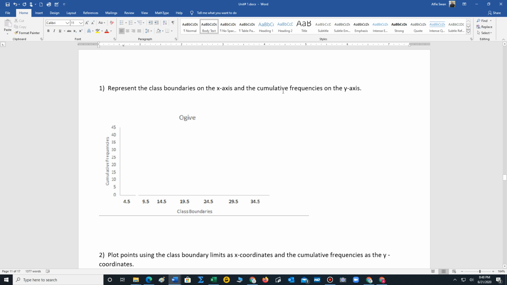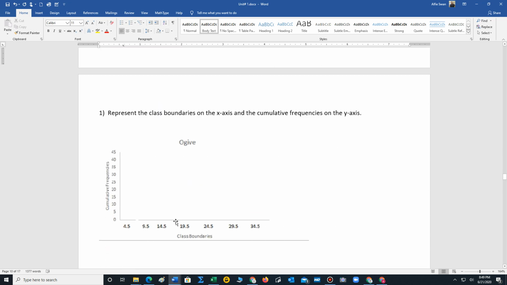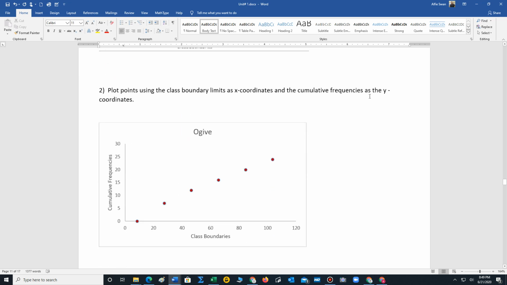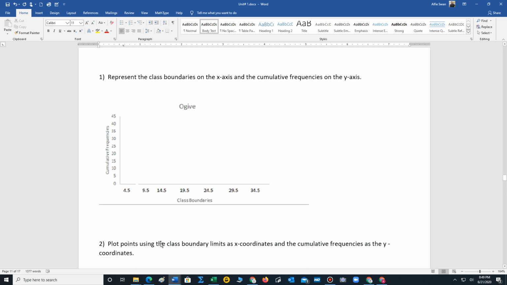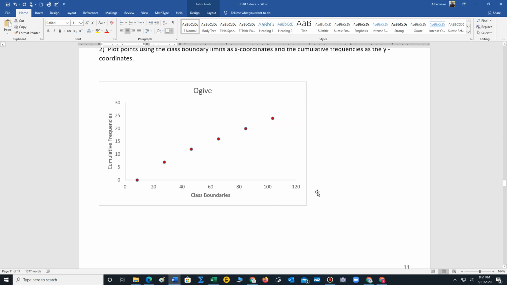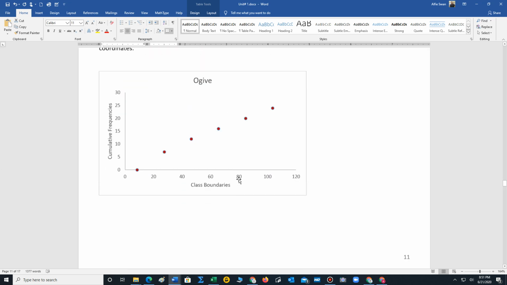Starting with step 1, we place the class boundaries on the x-axis, cumulative frequencies on the y-axis. In this case, our maximum is 24, so we're just going to go by units of 5. Then you plot your points for the cumulative frequency distribution.